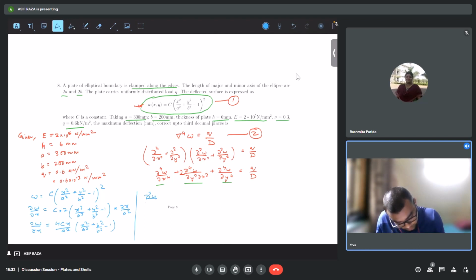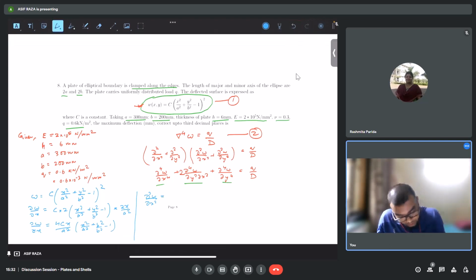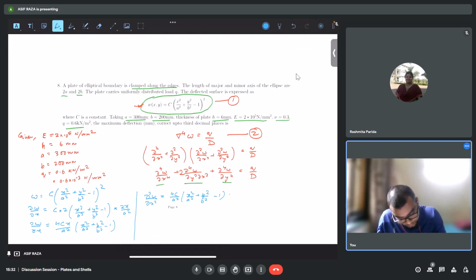Del square W by del x square would be, take a derivative of dou W by dou x, we get 4c by a square times (x square by a square plus y square by b square minus 1) plus 4cx by a square, and taking a derivative inside, that will give me 2x by a square.